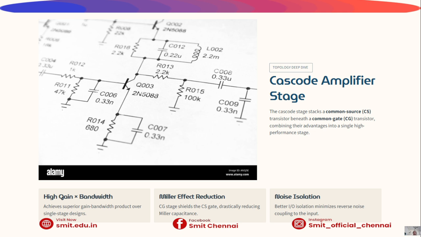As a result, bandwidth is significantly improved. Another advantage is better input-output isolation, which reduces unwanted feedback and minimizes noise coupling. Because of these benefits, cascode amplifiers are widely used in RF amplifiers and integrated circuit design.